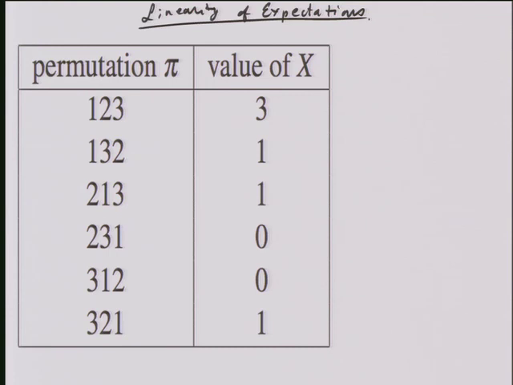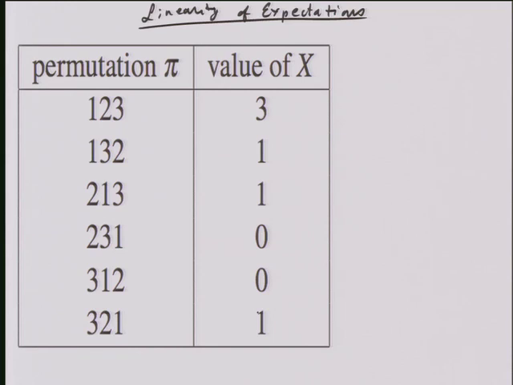There's probability 1/6 that all 3 people got back their homeworks, probability one half that only one person got it back, and probability 1/3 that nobody got it back. And so if you work out the expectation, the expected value of x is 3 plus 1 plus 1 over 6, which is 1.